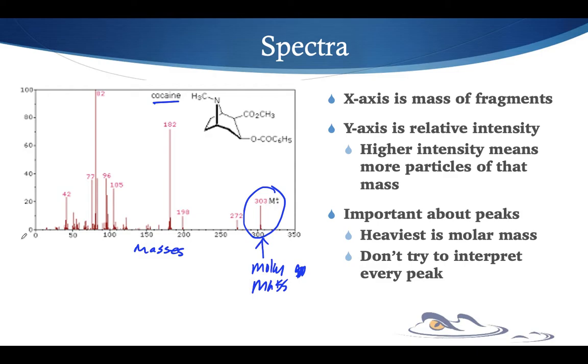The more pieces that slam into that detector, the greater the signal is going to be. So we get different sized peaks here. Some of them are small, like this 198, and some of them are really big, like this one at 82. It has to do with the relative amounts of pieces that break off of this molecule as it fragments.